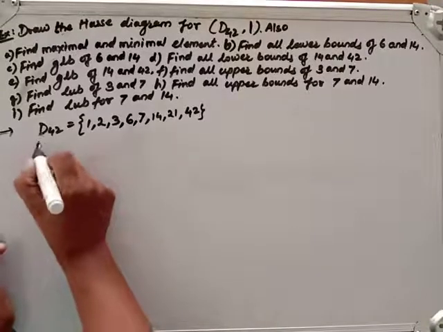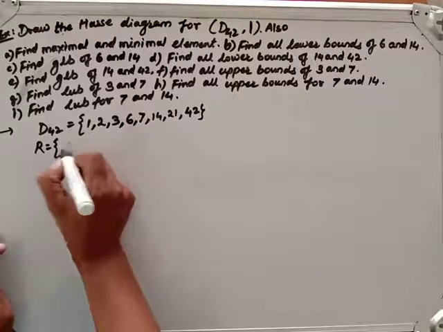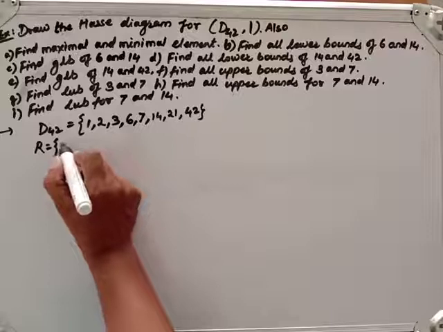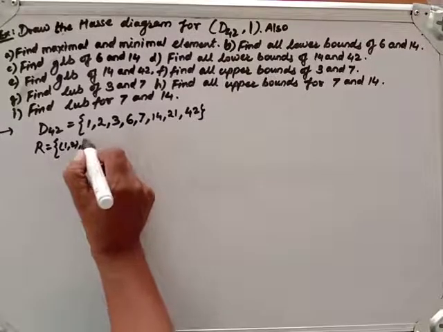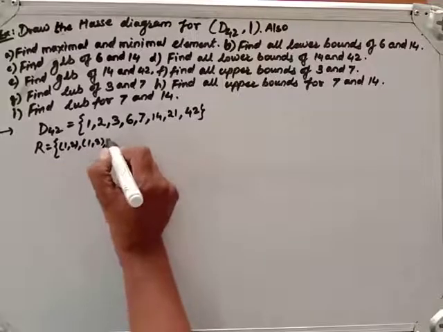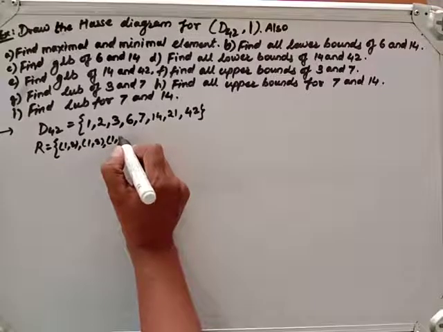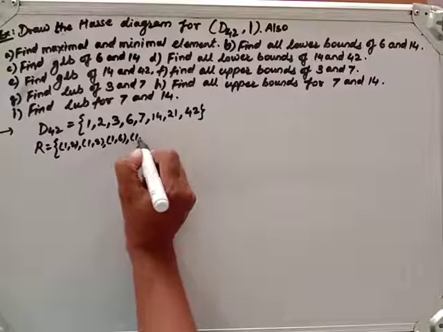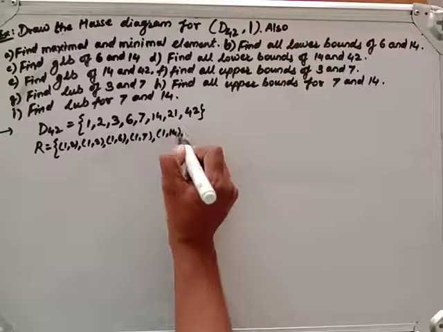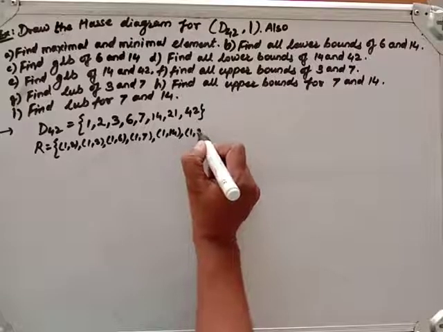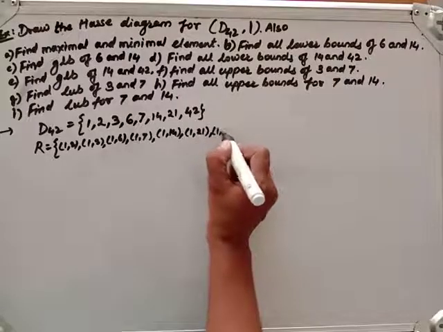Now just like the previous example, let me write a relation R. So what is R? Now 1 is related to each and every element here: (1,2), (1,3), (1,6), (1,7), (1,14), (1,21), (1,42).